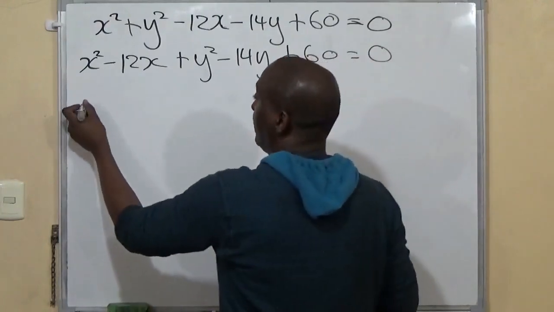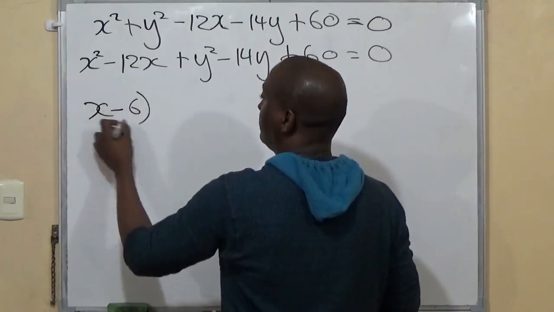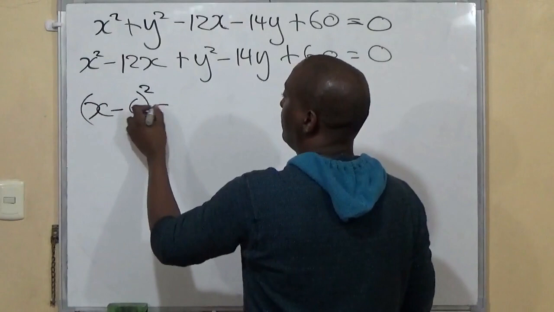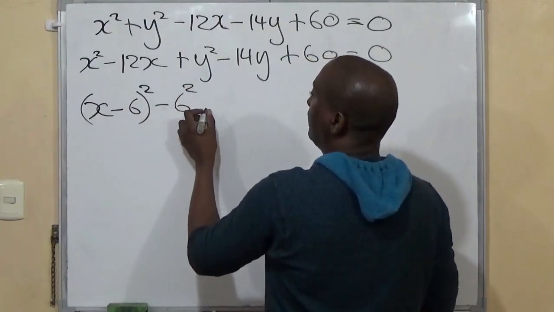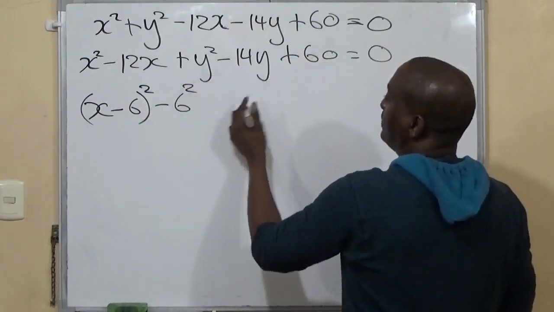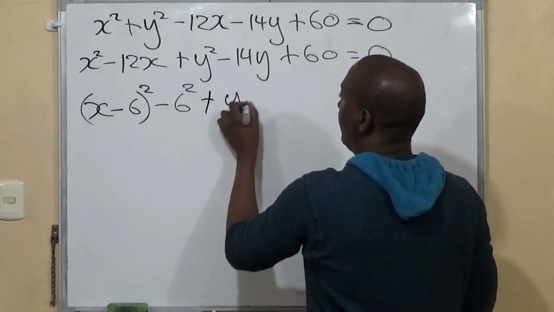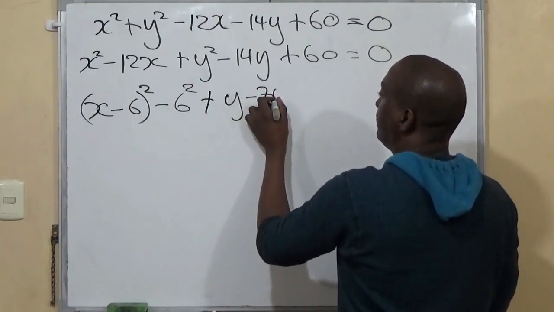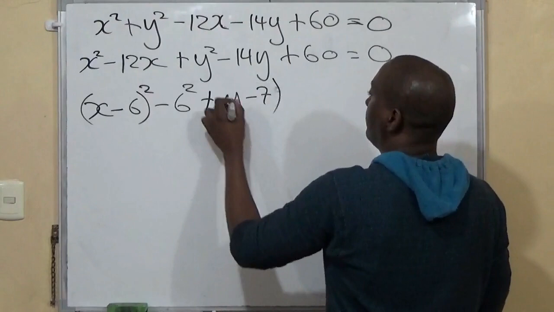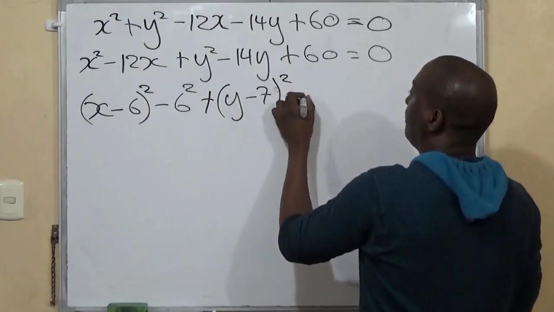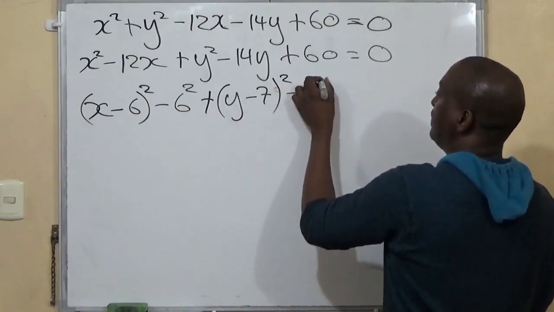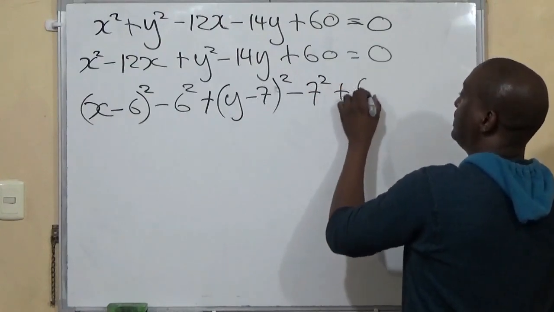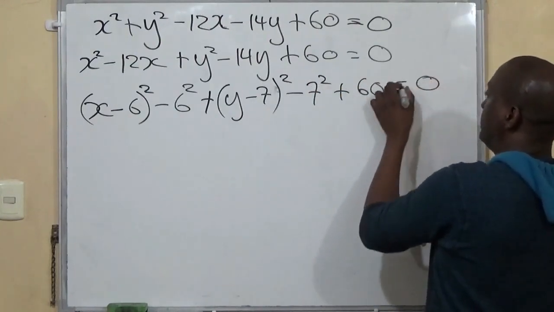Alright? This will be x minus 6, half the coefficient of x, squared, minus 6 squared. Right? This would be y minus 7, half the coefficient of y, squared, minus 7 squared, plus 60 is equal to 0.